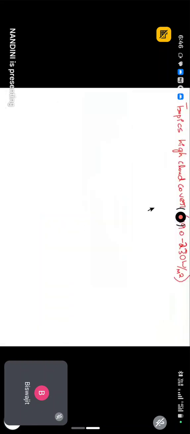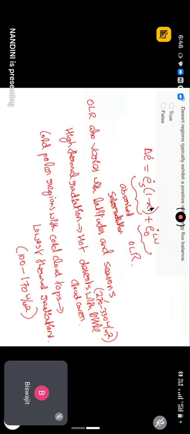Desert regions typically exhibit a positive net energy flux balance. Is it true or false? False. The desert regions generally have a net negative energy flux balance of around minus 30 watt per meter square because of low cloud cover, high emission temperature, and high outgoing longwave radiation.